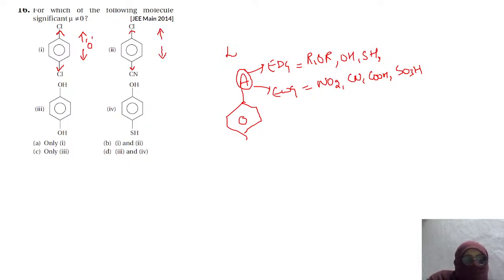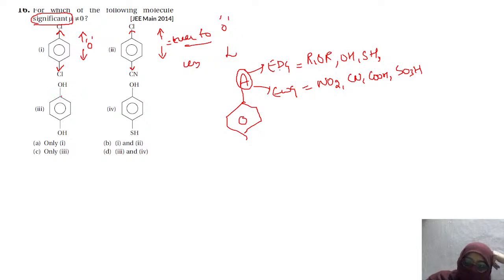Though they are up and down, they'll not cancel completely. That's something of least value, not cancelling because they are not similar compounds, but still it will be near zero, or very less. But they are asking for significant, meaning some big value should be there.